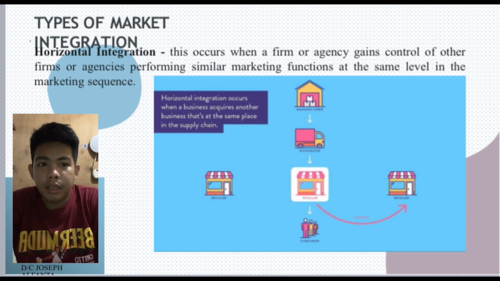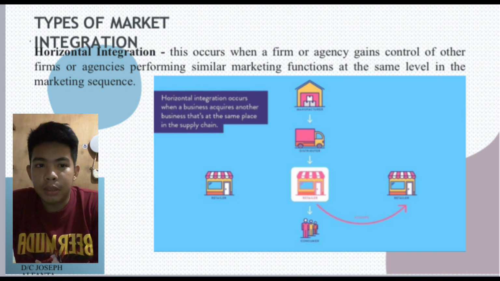Types of integration. There are three types of market integration: first, horizontal integration; second, vertical integration; and last, conglomeration. First, horizontal integration occurs when a firm or agency gains control of other firms or agencies performing similar marketing functions at the same level in a marketing sequence.